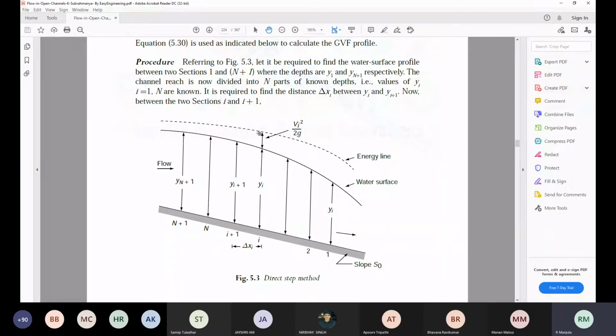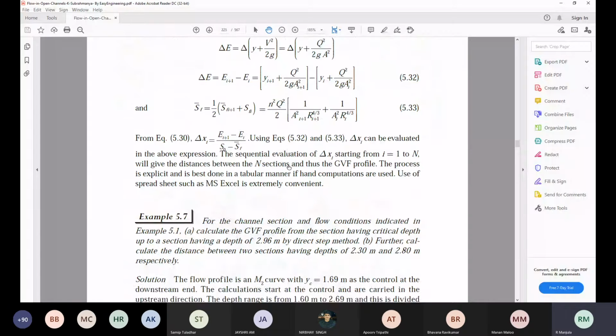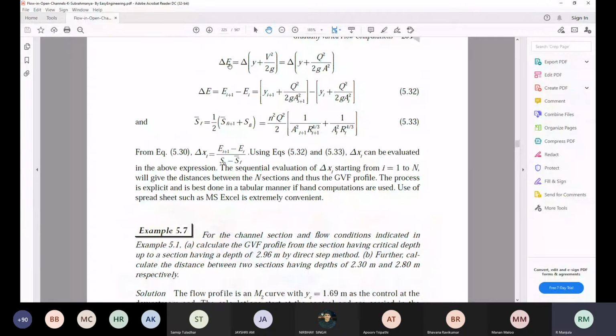If you add the velocity head, vi square by 2g, you get the total energy. Now what is delta E? It is the difference in specific energy, which is y plus v square by 2g, the datum head plus the velocity head. So delta of y plus q square by 2g a square, substituting q by a instead of v.